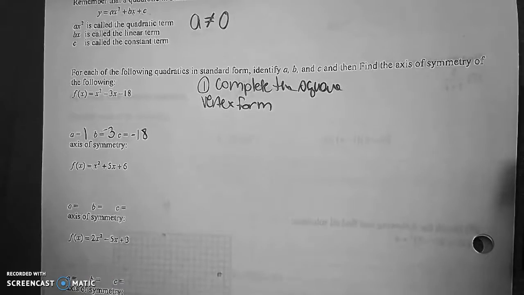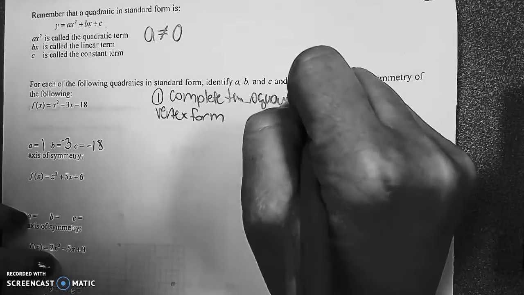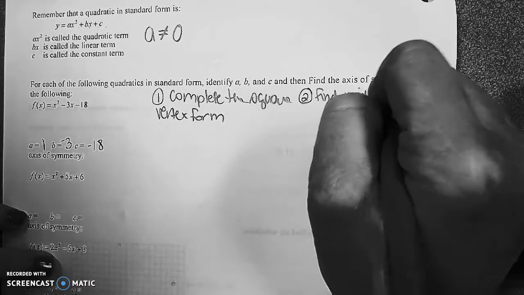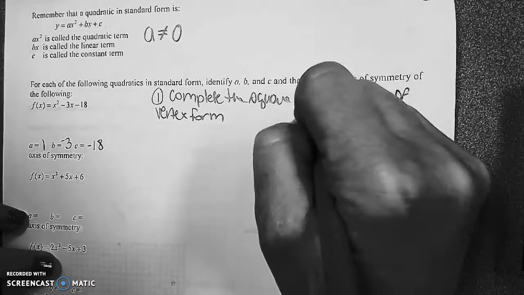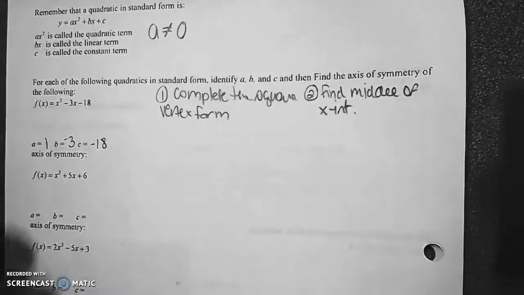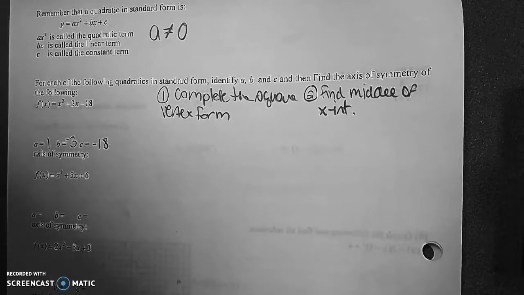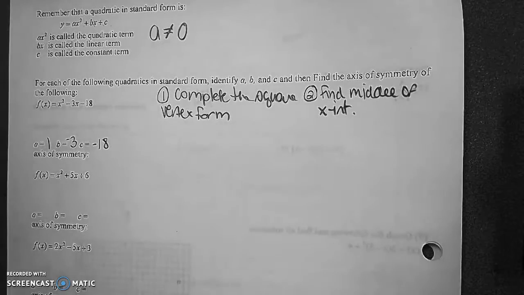Your second method is find the middle of the x-intercepts. Now, we also know that not all of our x-intercepts here are easily found, and so sometimes that second strategy isn't useful for us. So let's take just a moment and look at problem number 1 here.